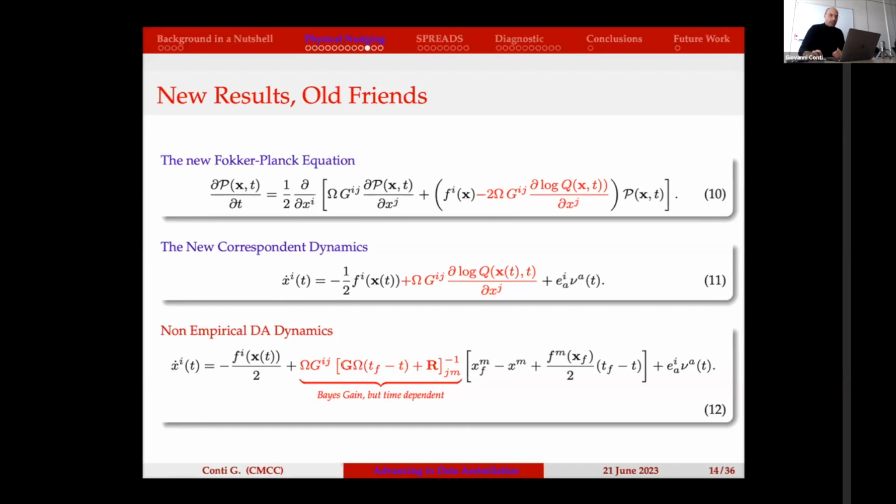Why? Because in our case, G is a rate of the covariance matrix, and in fact, it is multiplied by this weight, this time. Usually in a Kalman filter or in variational DA, for example, this weight doesn't exist.